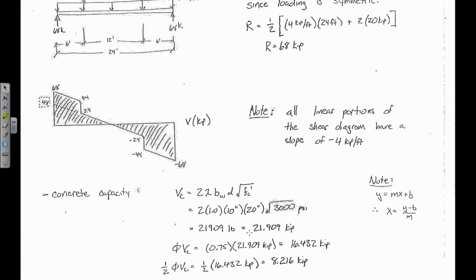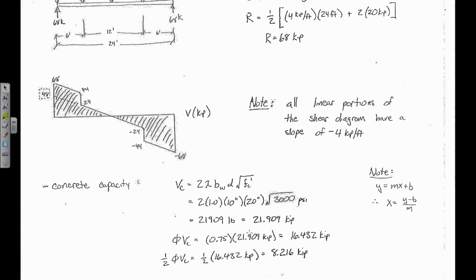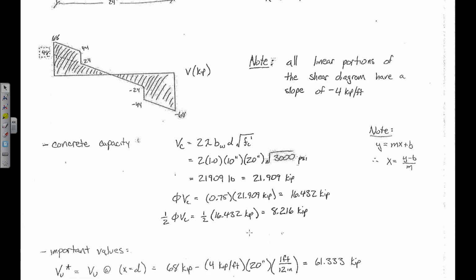Everybody okay with that? So down here below, if you look at Vu star, I say Vu at x equals d, and I'm using 68 minus 4x. Why am I using 68 minus 4x instead of 48 minus 4x? Because that's where d is. d is in this range, not in this range.